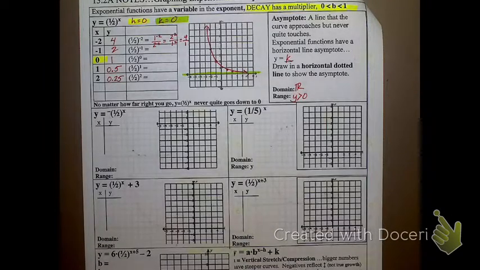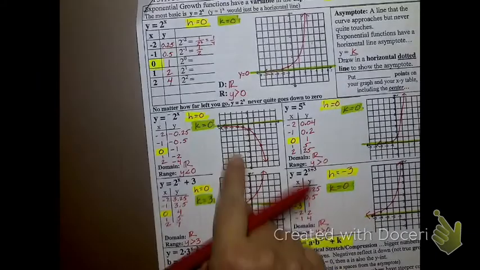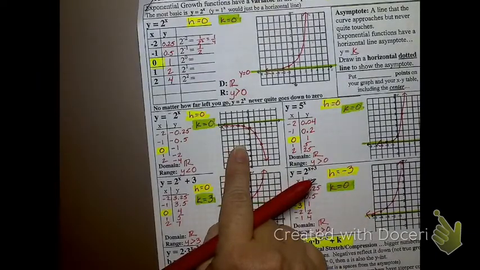Yes. What would be neither? Good question. This is technically neither because it's exponential growth reflected. If it's a reflected one, it's technically neither.